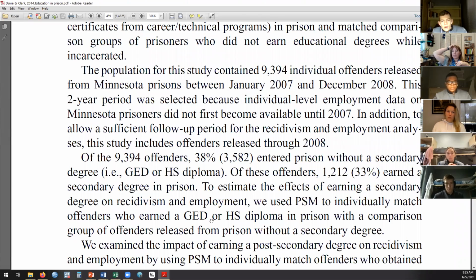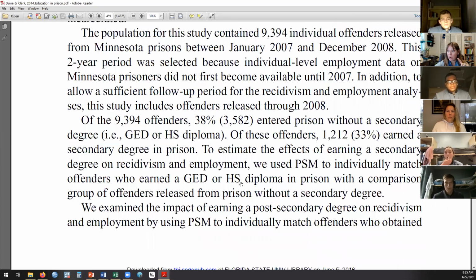Who sees the sample size here? 9,394. Oh, yes. Whoever said that. So you said, are you talking about right here? Yes, ma'am. All right. So these were all the offenders that were released from Minnesota prisons between 2007 and 2008. But if you look right here, they break it down for you.